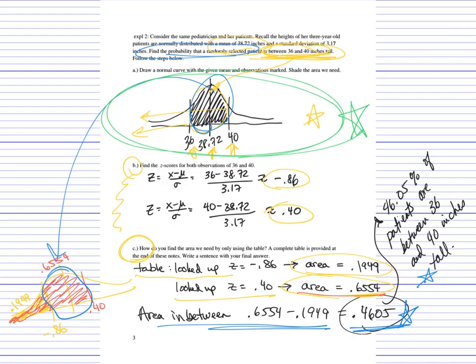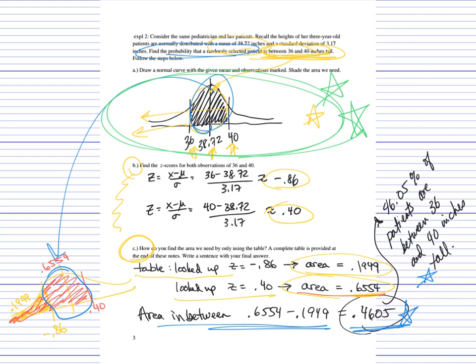So drawing that picture and really making sure that the area you need in your picture and the z-scores you look up jibe, that's really, really helpful. I do not think I would be nearly as successful with these problems if I did not bother drawing a picture. Again, my math lab's not going to require it, but dang, it sure helps.